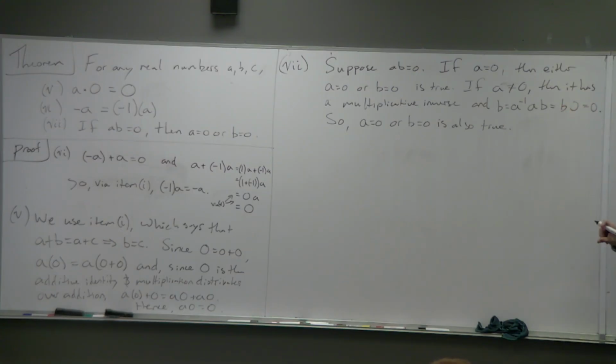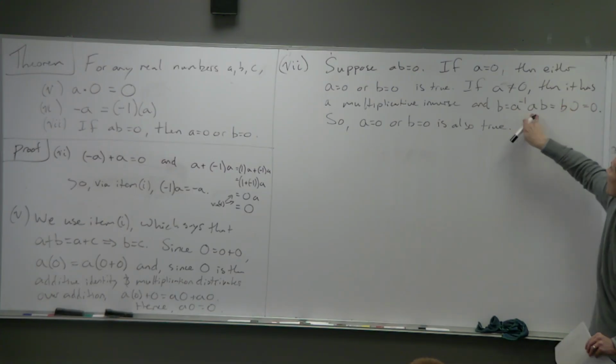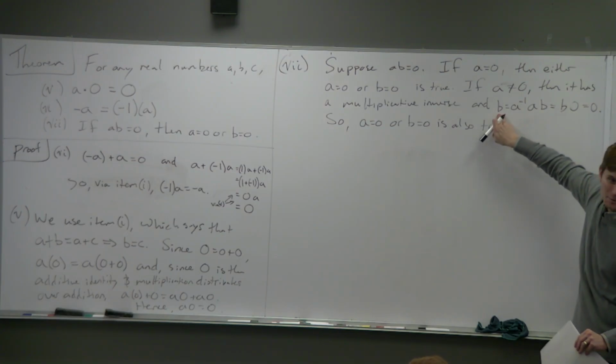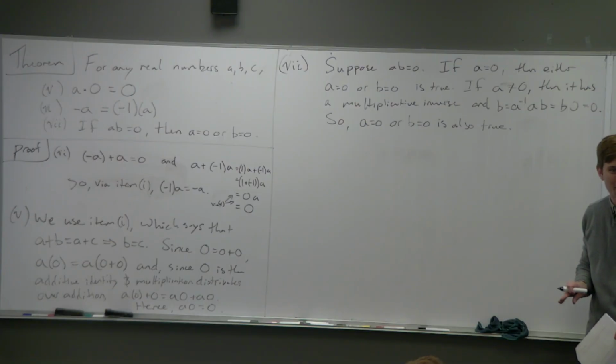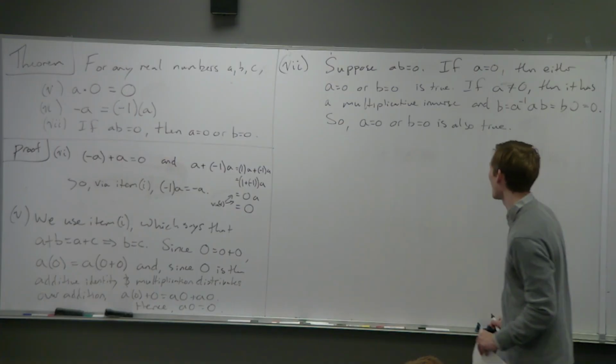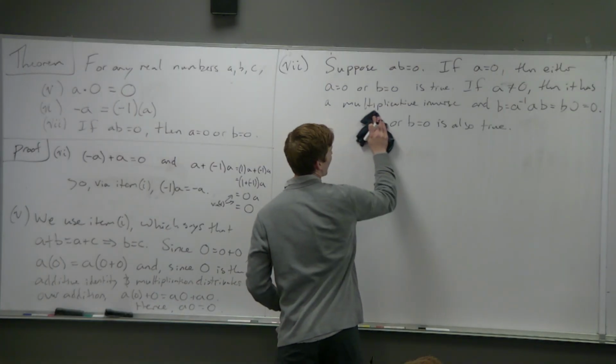B times 0 is indeed 0 right there. But a inverse b, this is just 1 times b, that's b. Do you agree with this? Maybe? Or is it too compact right there? We can write it out in long form if you prefer. I'm seeing some looks that say I would like it a little bit more right there.